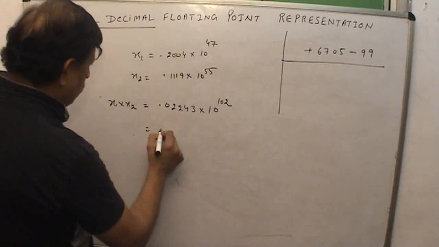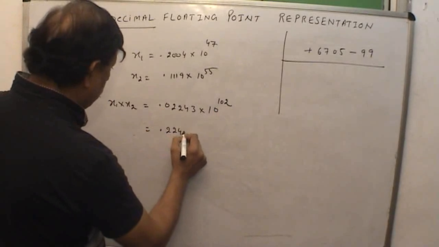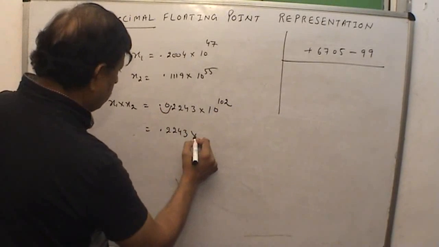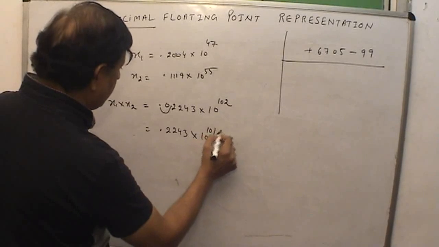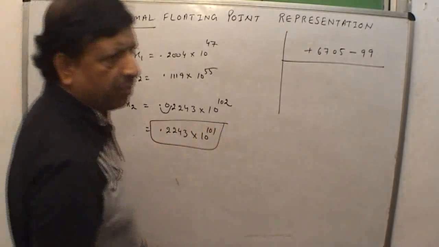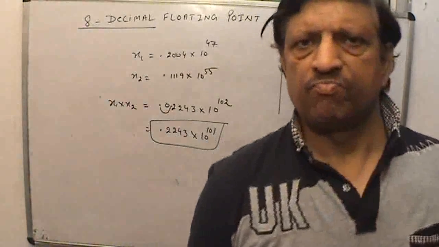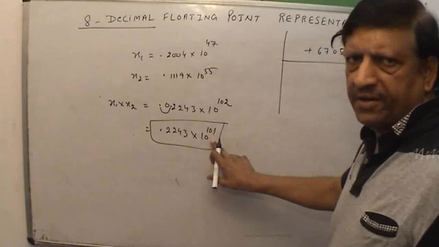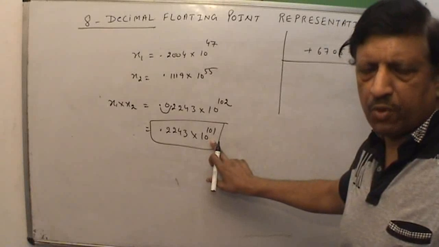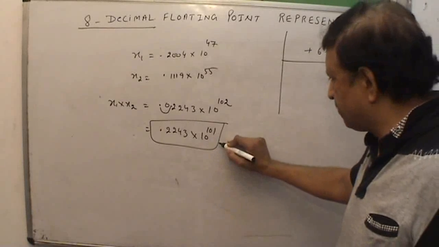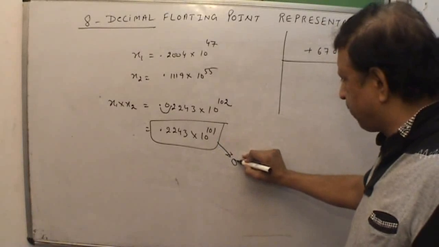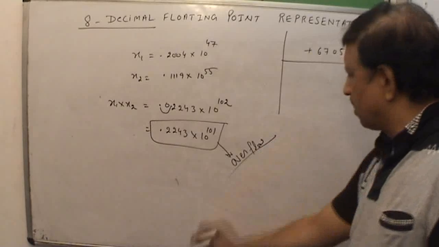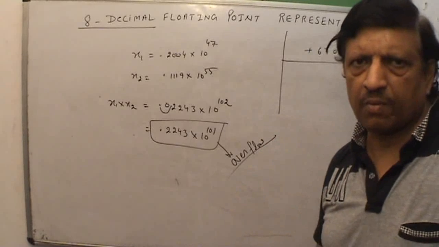Now, that is equal to 0.2243 into, shifting the decimal at this place, 10 raised to the power 101. Again the problem: the exponent exceeds the figure 99, it is 101, our computer cannot store it, and we say it is the overflow. It is the overflow of the computer, and here is the problem.